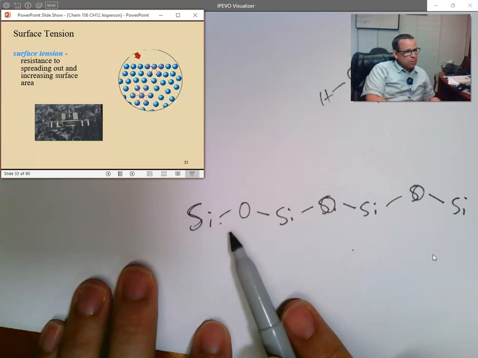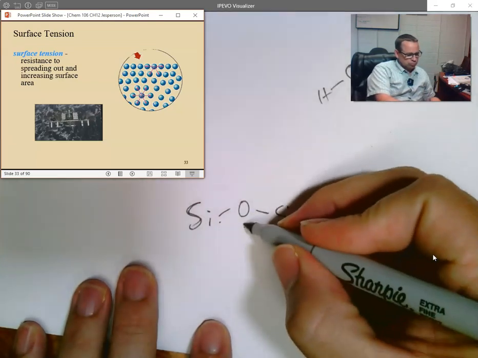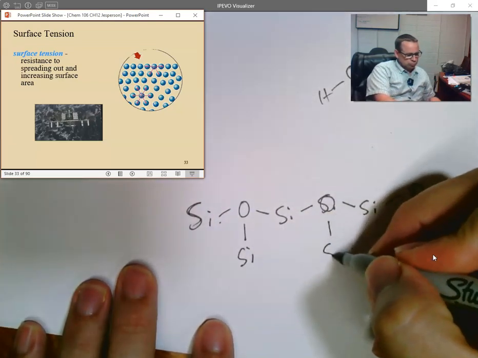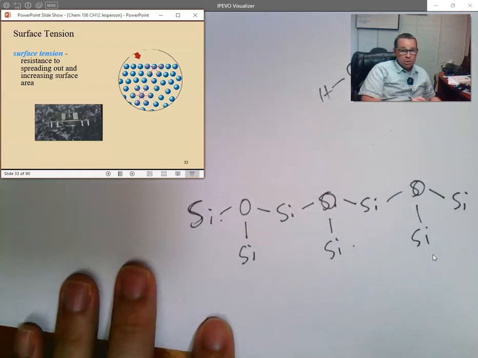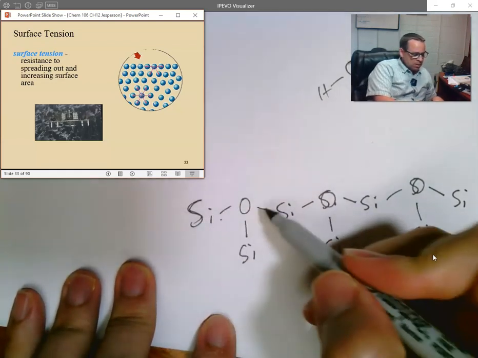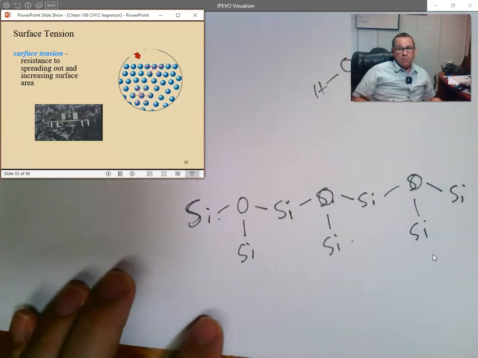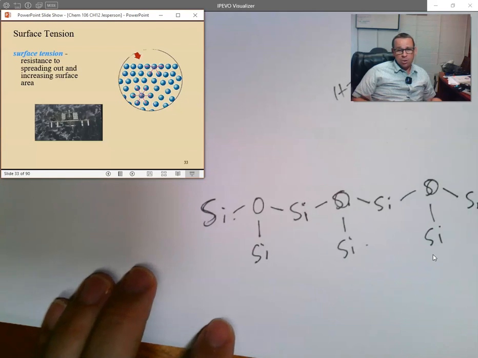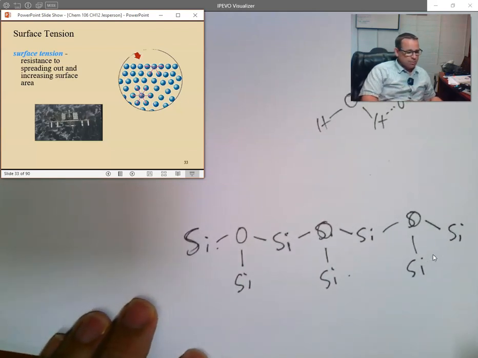What kind of intermolecular forces are we talking about here, Landon? London dispersion forces. Definitely London dispersion forces, but these silicon-oxygen bonds also have a significant degree of polarity associated with them. So you can have some dipole-dipole forces.